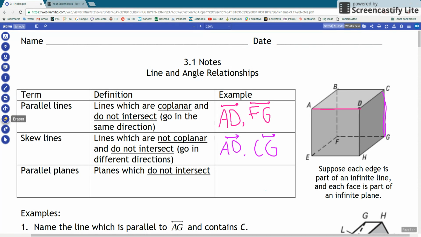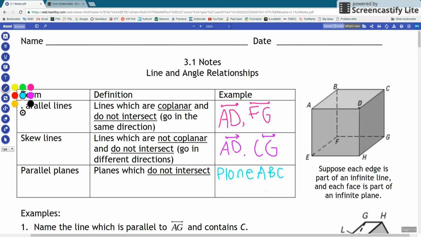And lastly, parallel planes refers to two planes which do not intersect. So if I look at the top of the box, plane ABC, sorry, my writing is so slow.